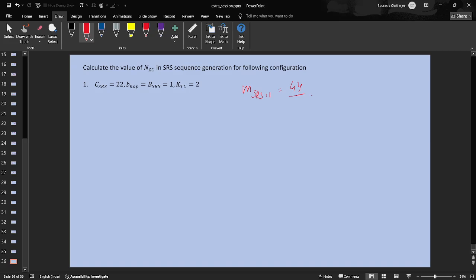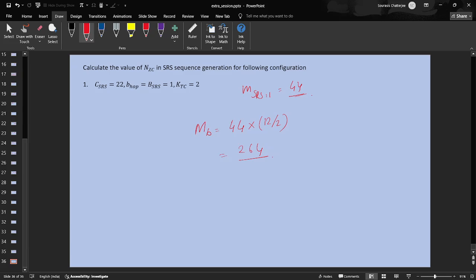So comb spacing is 2, so that means every alternate subcarrier in a PRB you are sounding, and how many PRBs? 44. So total sequence length should be 44 times 12 over 2, because comb spacing is only 2. That turns out to be 264. But that is the number because it increases in granularity of 4 for the SRS sequence.